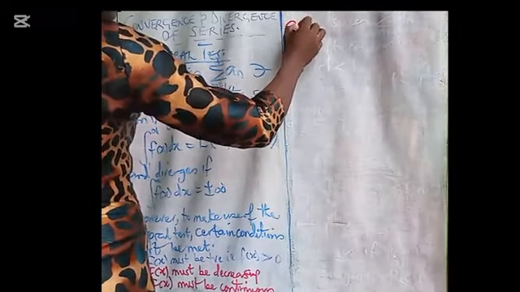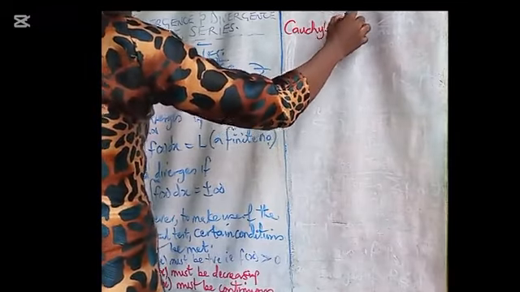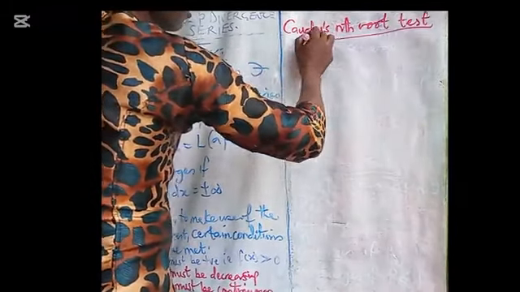The next one we'll be talking about is Cauchy's nth root test.